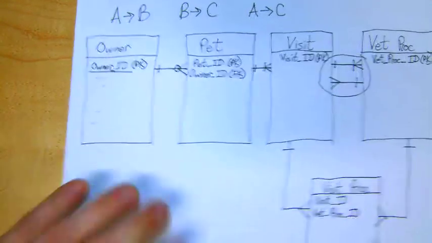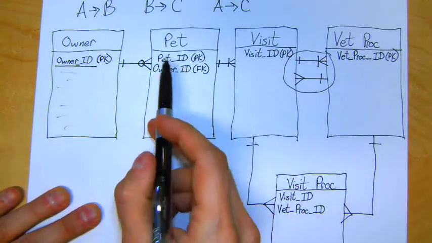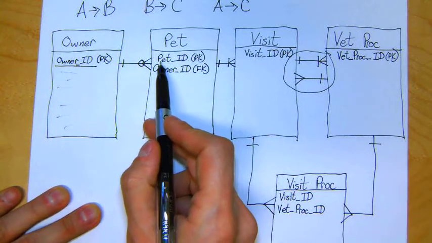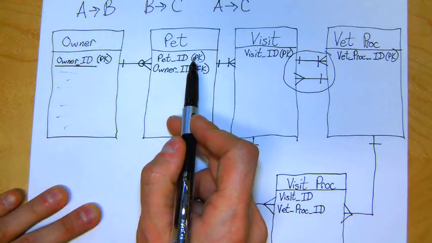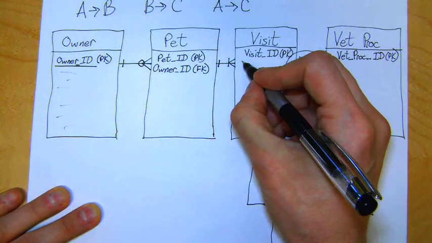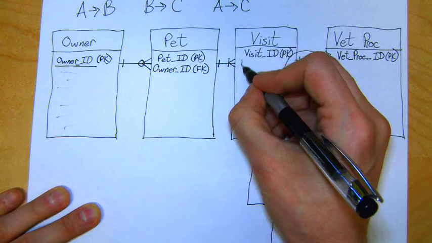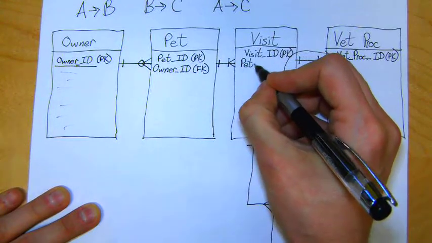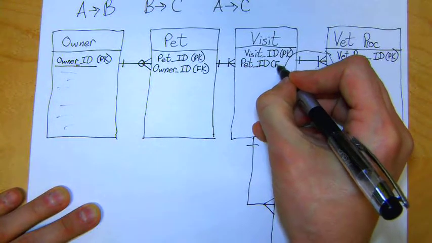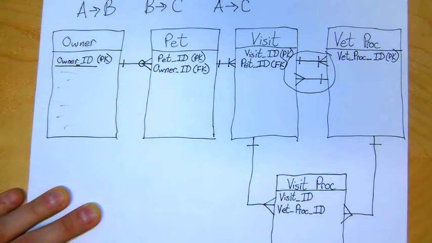So if we were looking at this, we have pet to visit. So we have a primary key here. So we're going to have a foreign key come in right there.